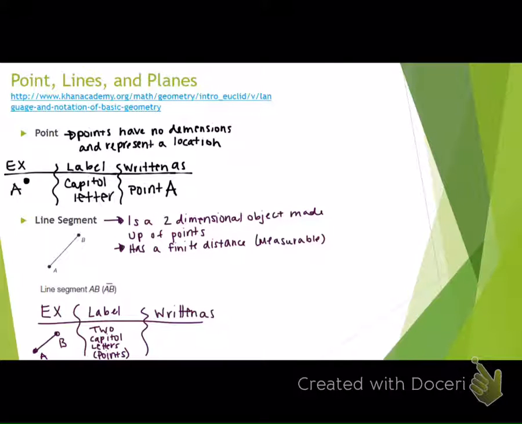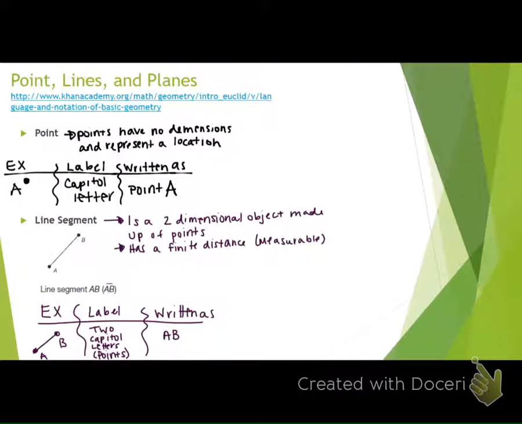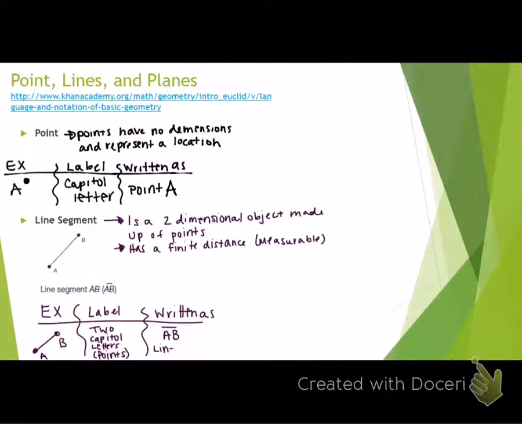In this case, you always use the 2 capital letters. If it's a line segment, there are no arrows on the end. So if it's a line segment, you just put a line on the top of it. That's a segment because it has no arrows, meaning it starts and stops. Or you can write line segment AB. But you must use 2 points that are capital letters to do this.